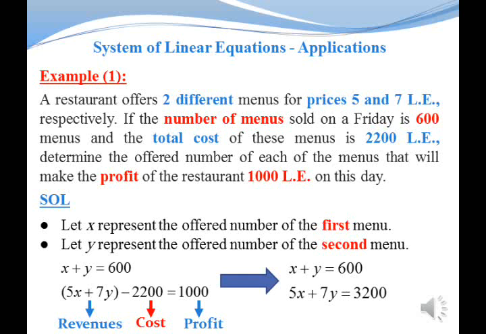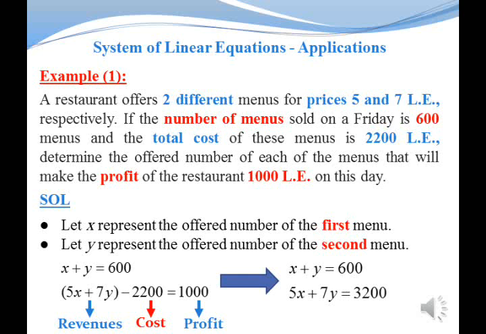The first part is the revenue for the first menu, which is its price times its quantity, and the second part here is the revenue from the second menu, which is also its price times its quantity. This is the total revenue for both menus, minus the total cost, which is already given in the problem. The revenue minus cost defines the profit, which is what we need to have here as 1,000.